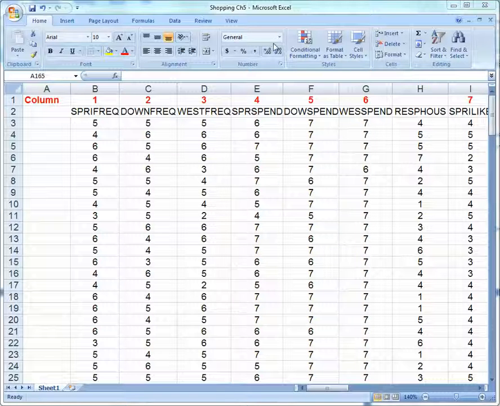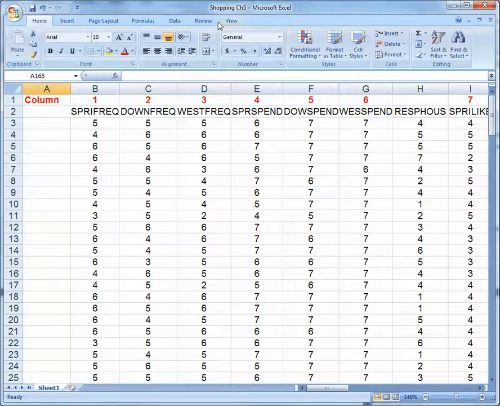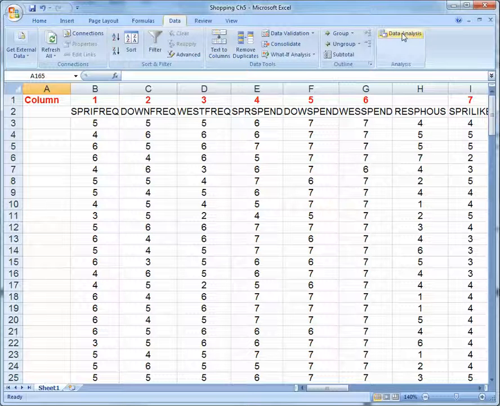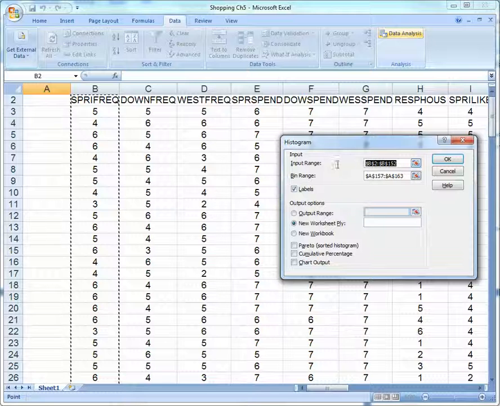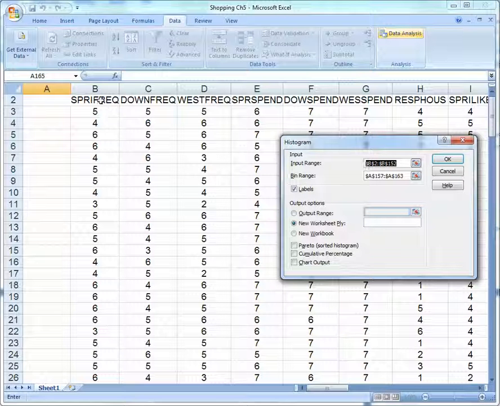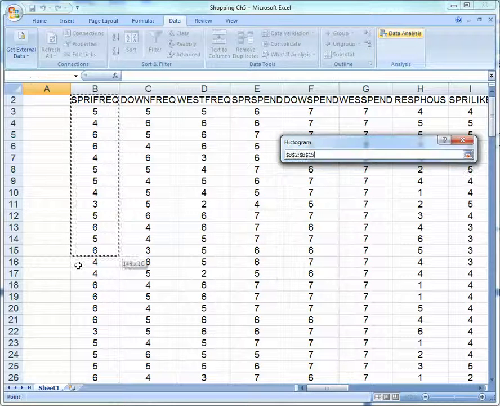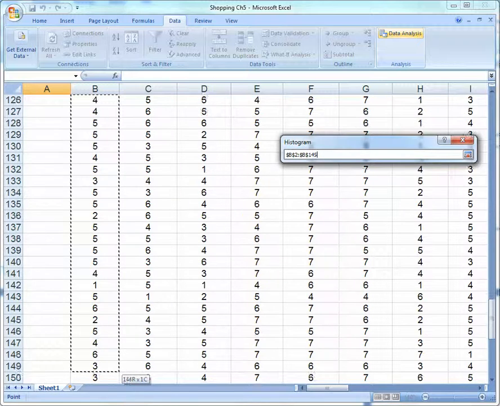As you recall, that's on the data tab. In our data analysis, we have something called histogram. Doesn't sound like frequency distribution, but it is. We say OK, and first we need to define where our data is. The labels box is checked, so I'm going to grab the label and scan on down over that column.